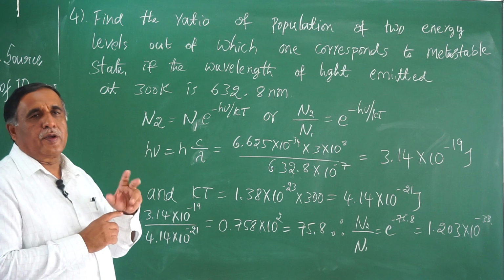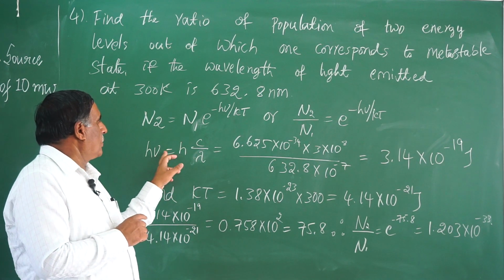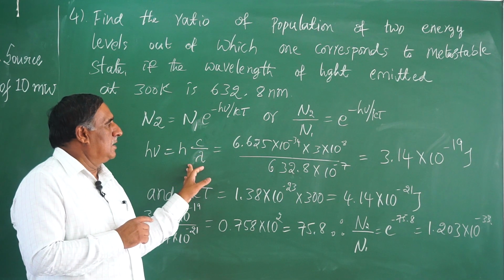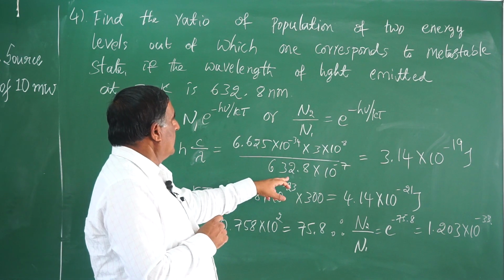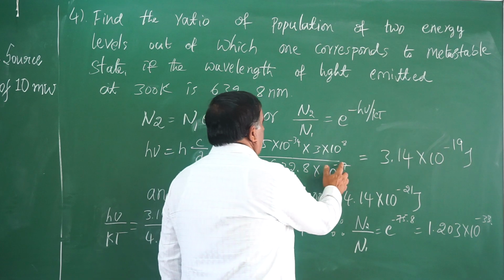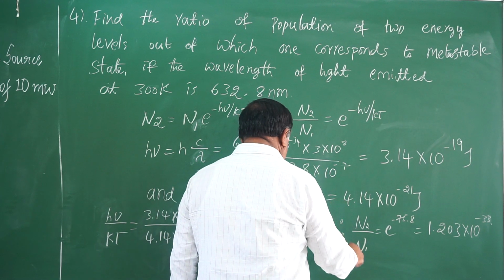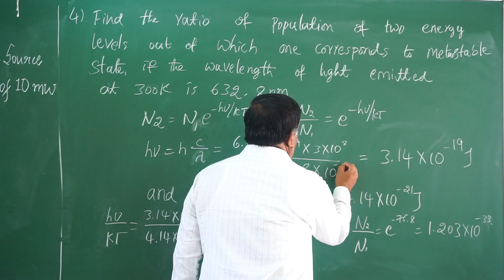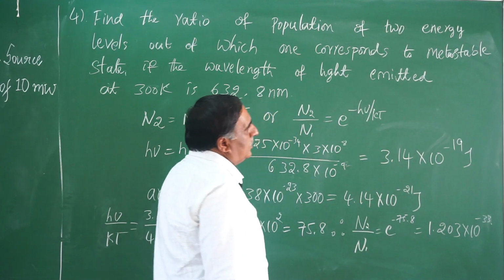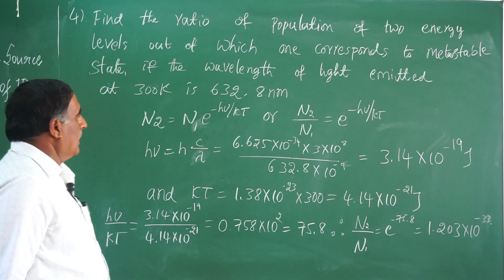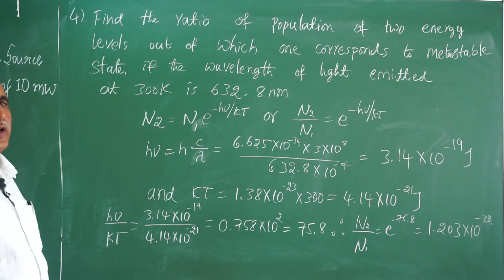So, the relation between frequency and wavelength is nu is equal to c by lambda. If you work this out and the values are substituted, again the wavelength is in nanometers, so this will be 10 raised to minus 9. The calculation shows that this is 3.14 into 10 raised to minus 19 joules. This is the value of h nu.